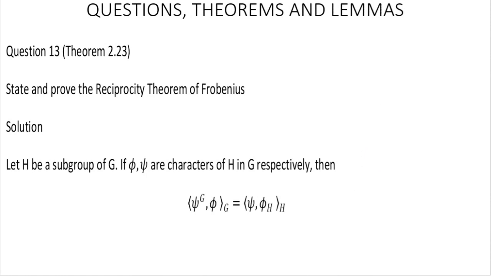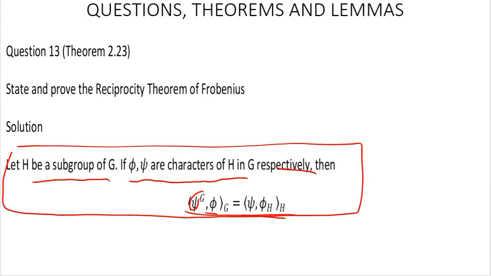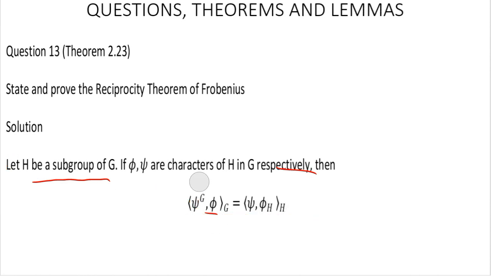The statement is simply this: if H is a subgroup of G and phi and psi are characters of H and G respectively, then the inner product of the induced character and the character of H in G, when summed over G, is the same as the inner product of the character psi of H in G and the character phi when summed over H, all in H. So this is the reciprocity theorem of Frobenius, and you just need to be able to state this.